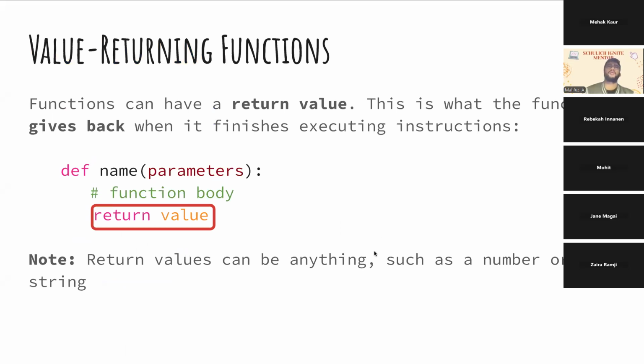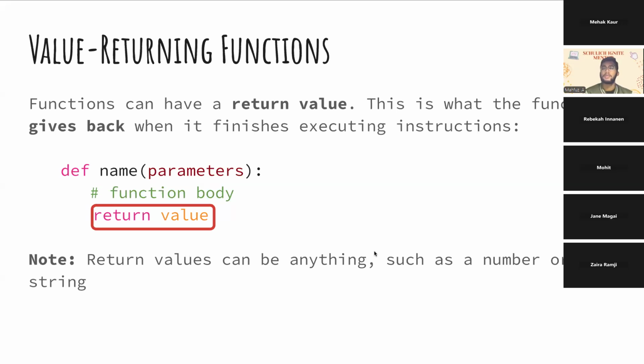Okay. So functions can have a return value. This is what the function gives back when it finishes executing the instructions. I already went over it with the add example that I had on Trinket. The add returned a value of the two values combined, and then I assigned it to a different variable inside of my actual code when I used it.